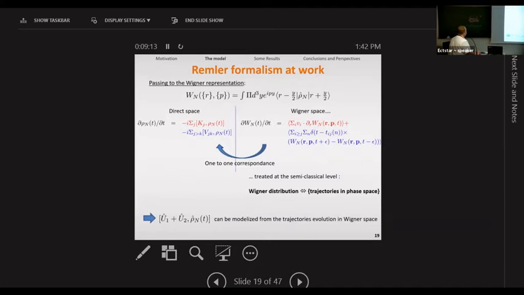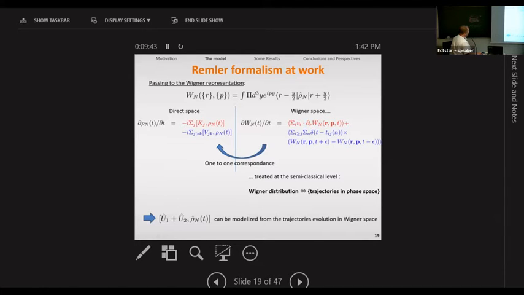The nice idea of Remler and co-authors was to establish a correspondence between the direct space and the Wigner space, where you can see that this commutator between the potentials and the n-body density is equivalent in the Wigner space to this evolution, which is just the modification of the Wigner density after each shock in momentum space.